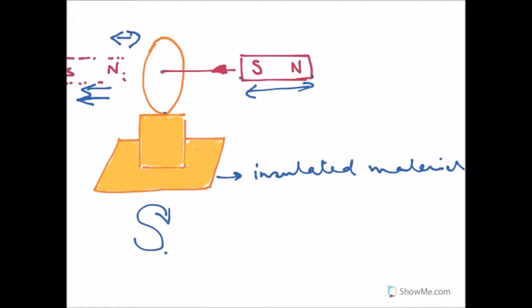So if you look at the loop from this side, it again develops a south pole and the current is again clockwise if we look at the loop from the left hand side of the loop.